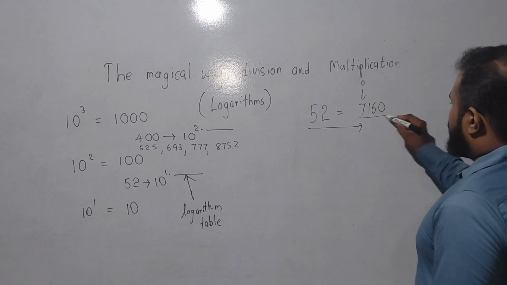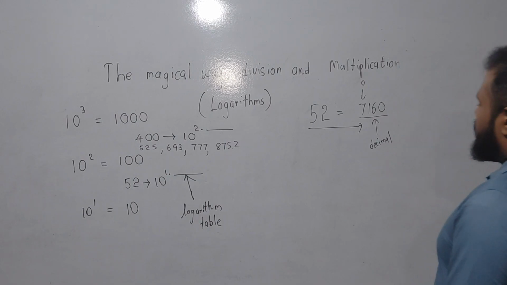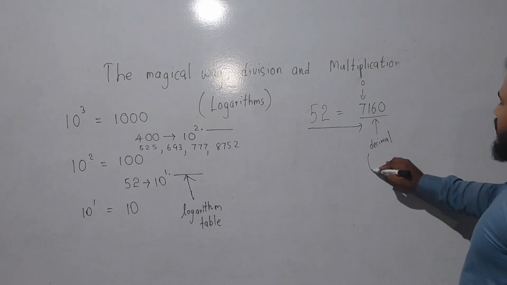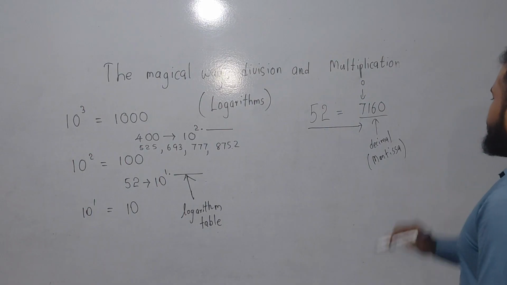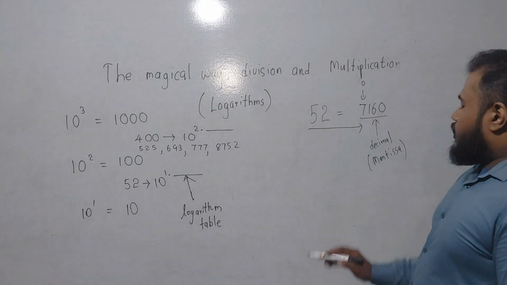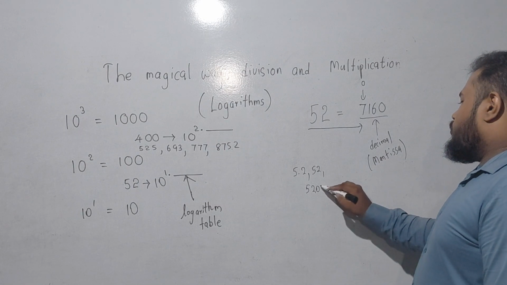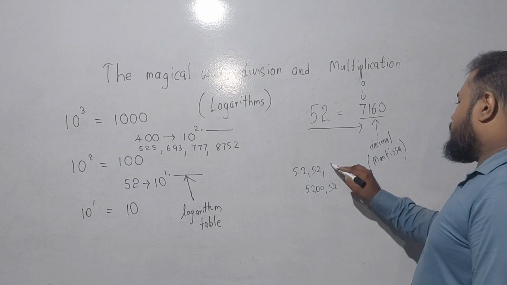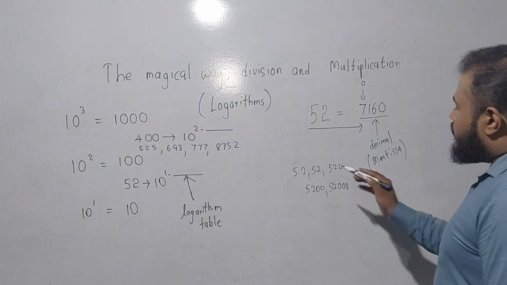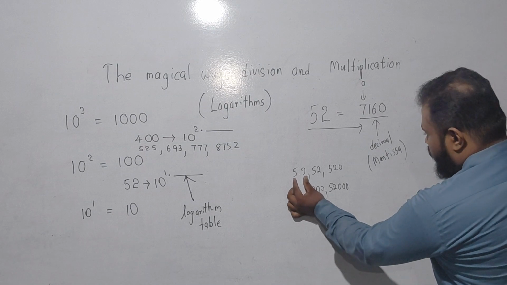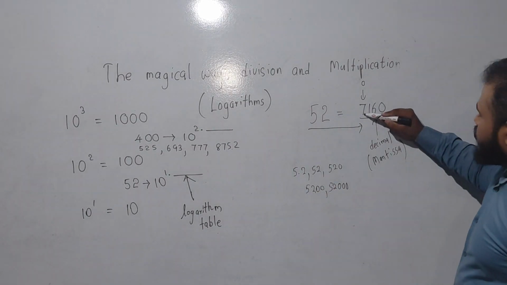This value is a decimal value. We are using it as a decimal value. That decimal value has a special name, mantissa. Not only 52, but for 5.2, 52, 520, 5200, 52,000, any variation which has 52, we use this 7160.